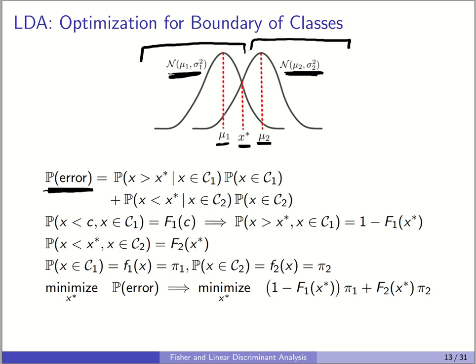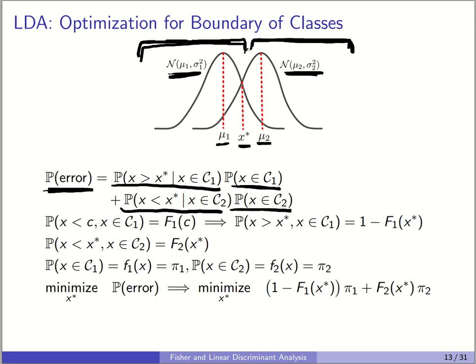It is the probability that the point is in class 1, however x falls in this region after the boundary, plus the probability that the point is really in class 2, although it falls in region 1.